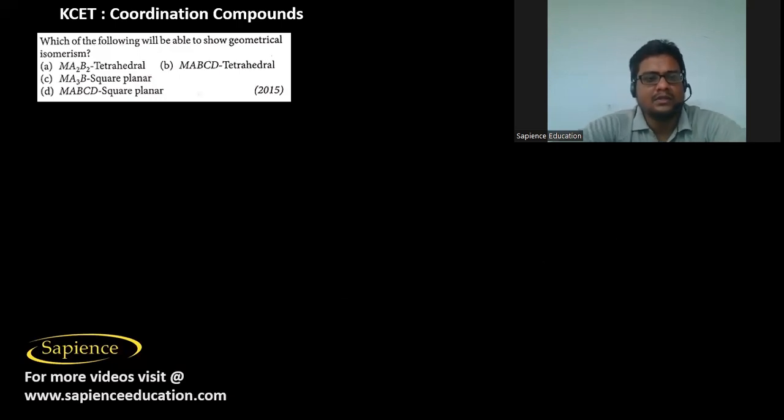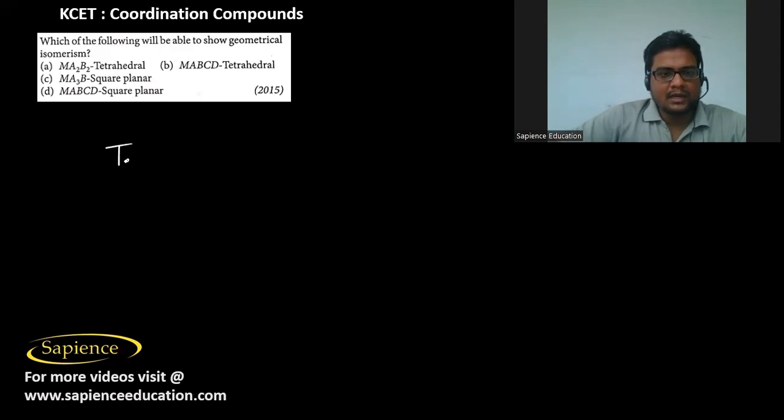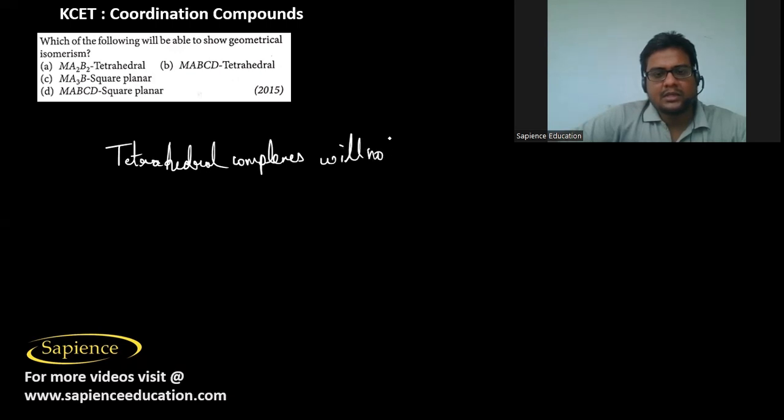Then it is told which of the following will be able to show geometrical isomerism. So the rule is that tetrahedral complexes will not show geometrical isomerism.